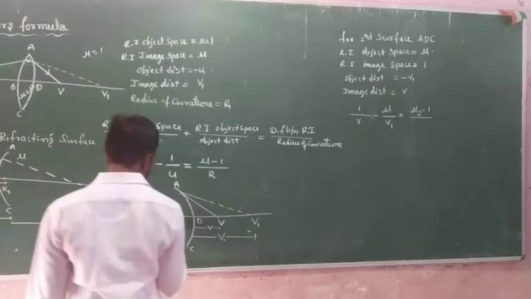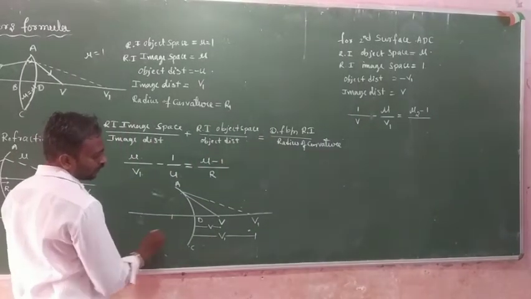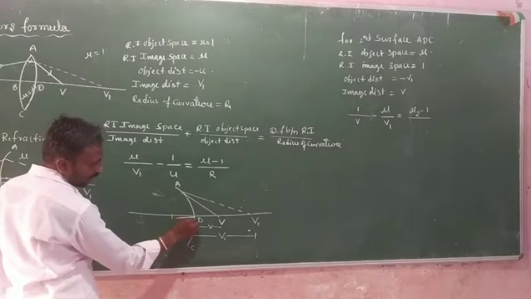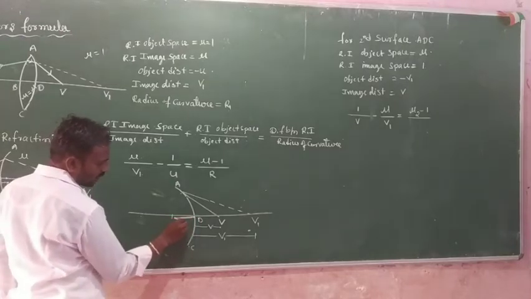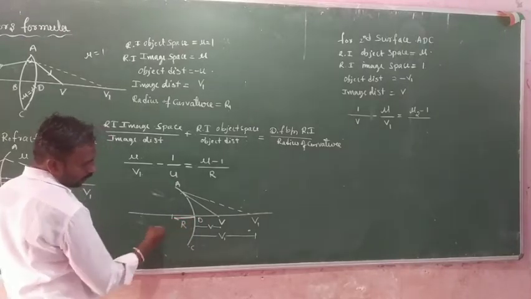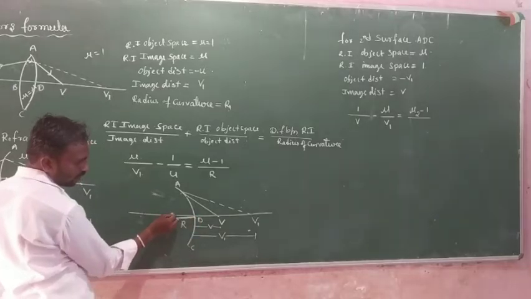In this diagram, this one is the optic center, and this one we consider the radius of curvature, so this one is negative. Why? Because this surface to the optic center we consider negative. It means the radius of curvature is minus r according to the sign convention.